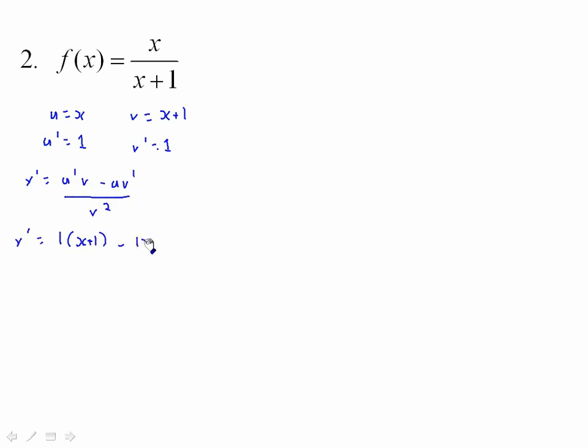So I'll just write that as 1x. And this is all over x plus 1 squared. So therefore, when we mop this one up, the first derivative is x plus 1 minus x, and we're left with just 1 over x plus 1 squared. So I did that quickly, but that's the situation.